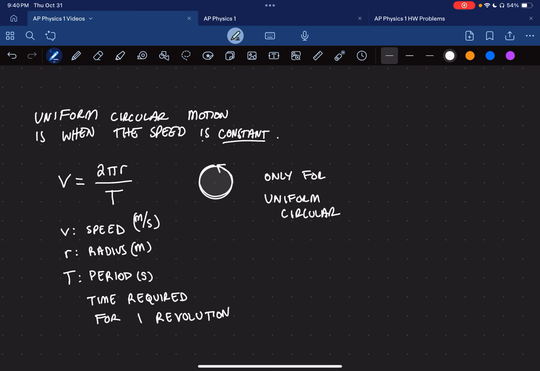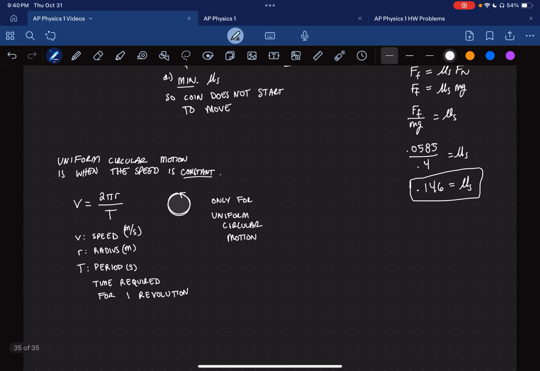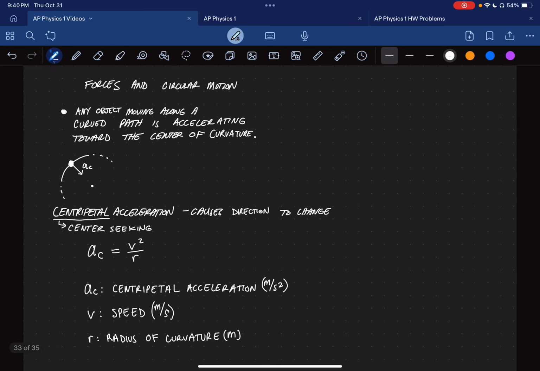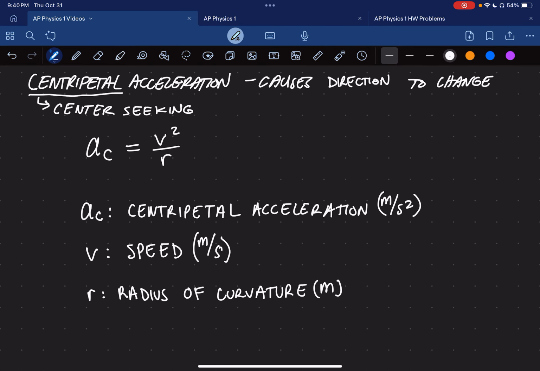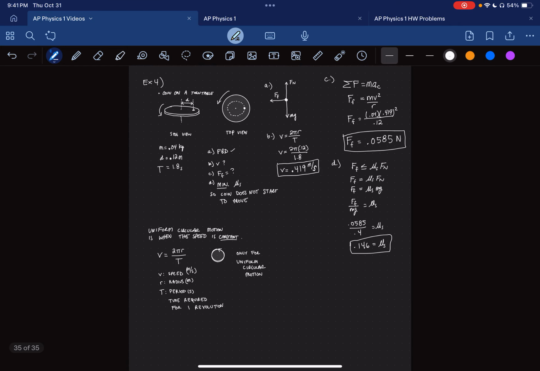In other words, when the speed of the object is constant as it goes in that circular path. So this only works for uniform circular motion. This one works for any type of circular motion. So we'll just keep that in mind. Anyway, that's it.